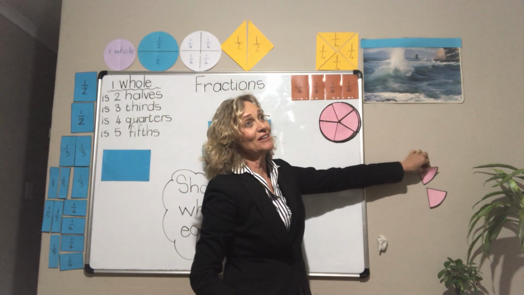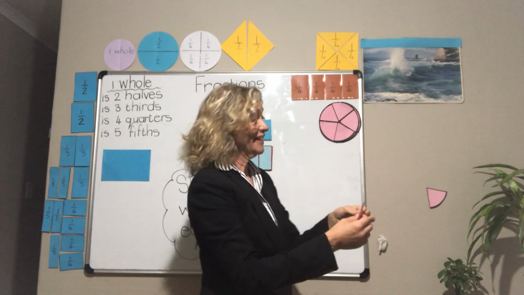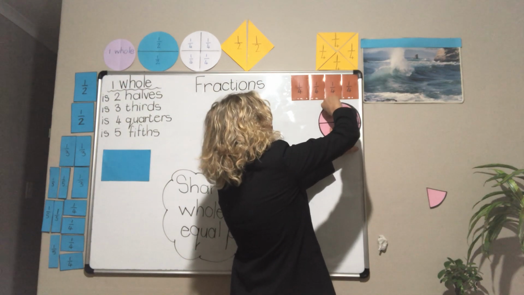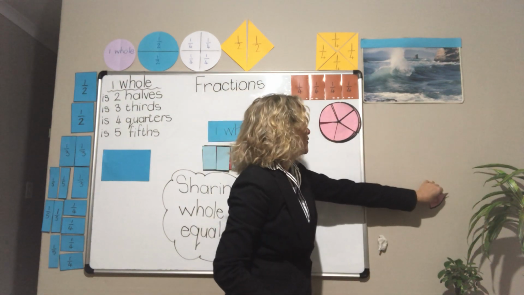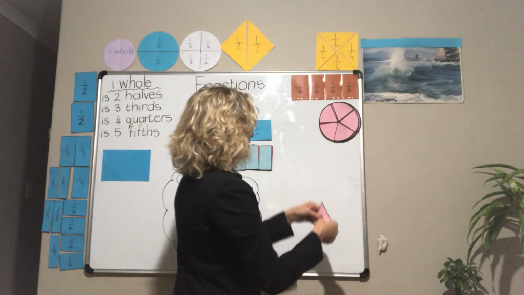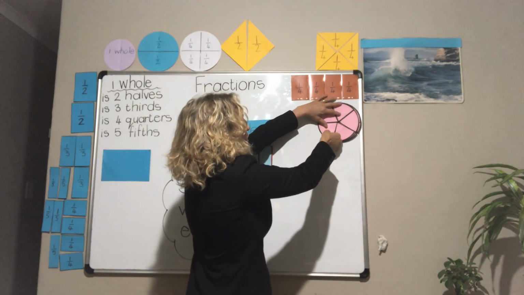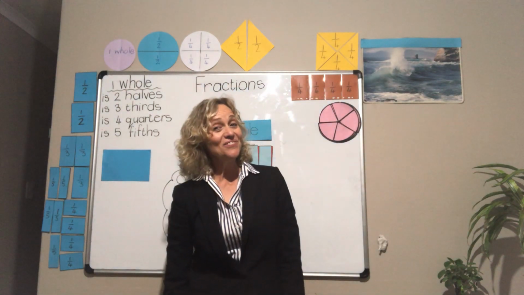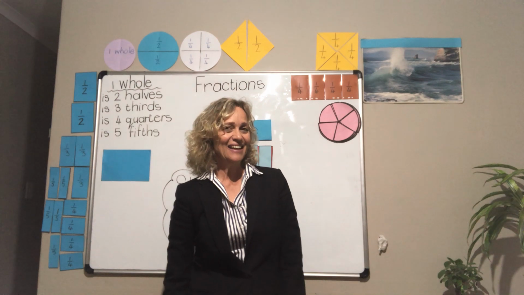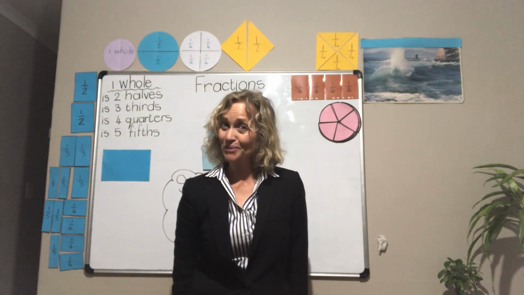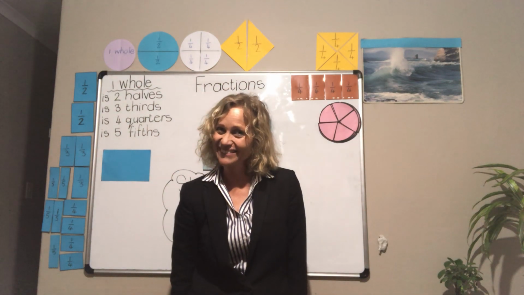Fifths has to do with sharing equally into 5 parts. Oh, did I count correctly? 1, 2, 3, 4. I'm interrupting myself. 5. There I have it. 5 equal parts.